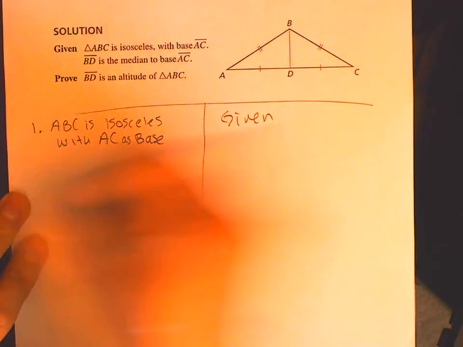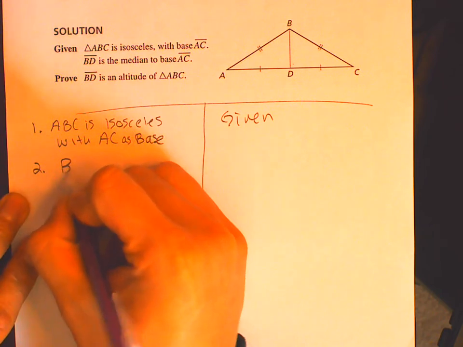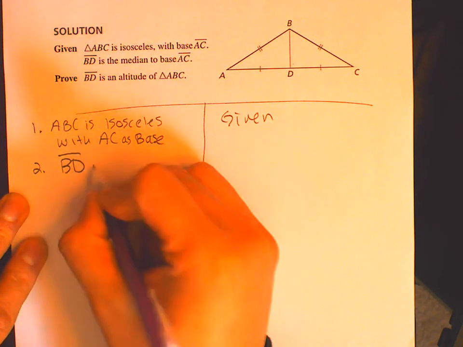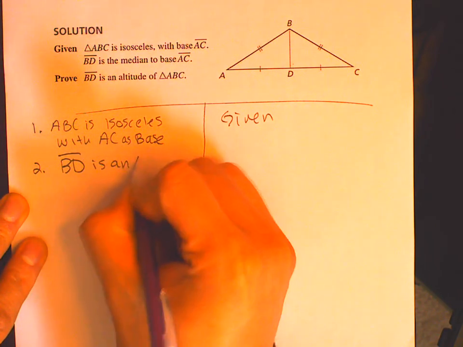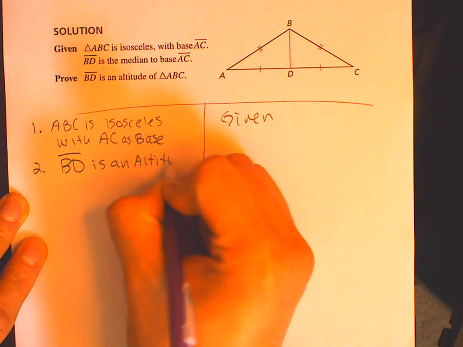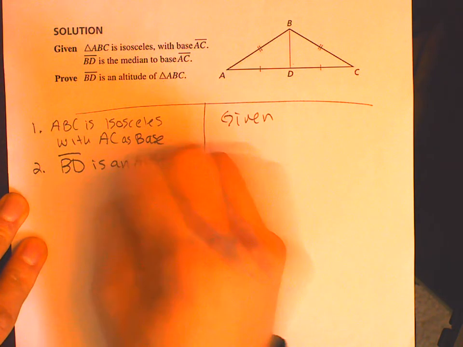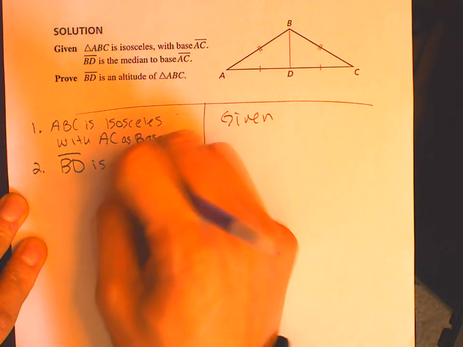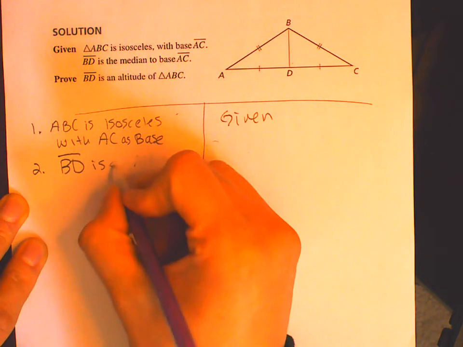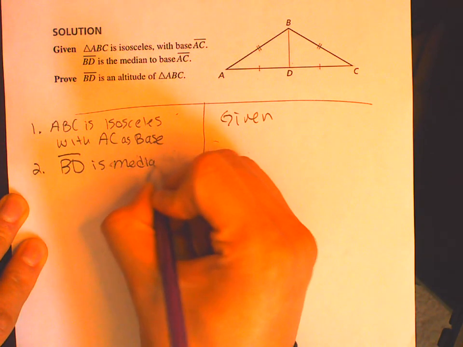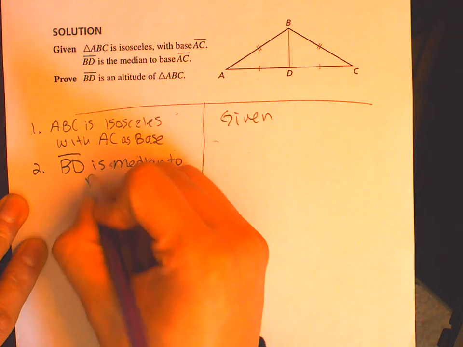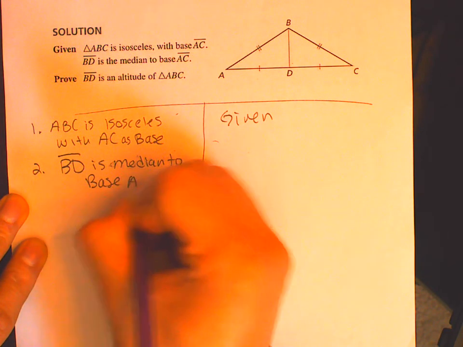Also, they tell you that BD is a median to base AC.